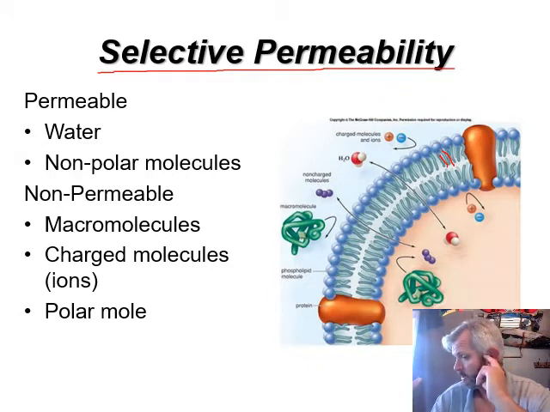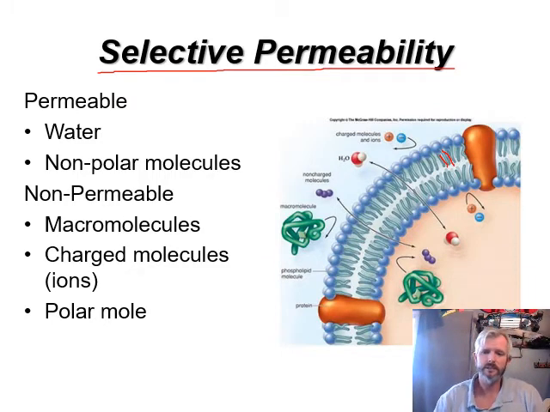You can imagine if the membrane is nonpolar, polar things are going to have trouble moving through this membrane. Two main characteristics are going to determine whether something can move through the membrane: polarity, or size. Nonpolar things more easily move through the membrane, and small things more easily move through the membrane.